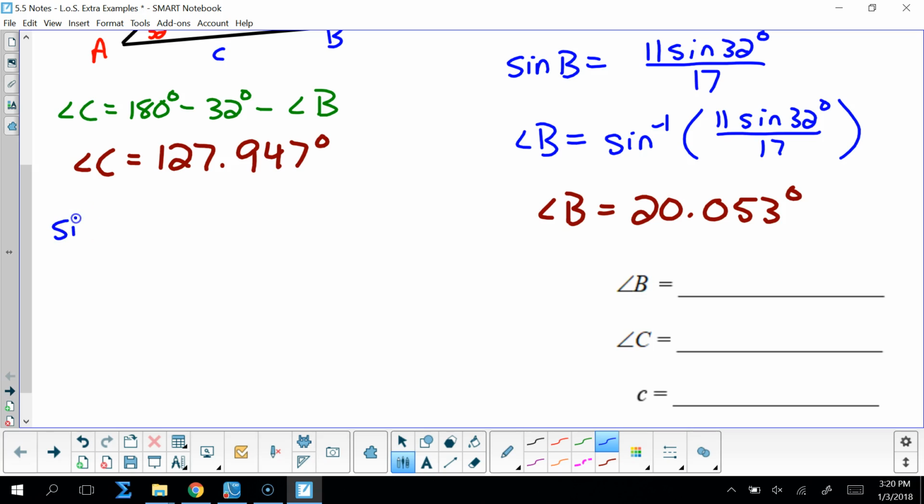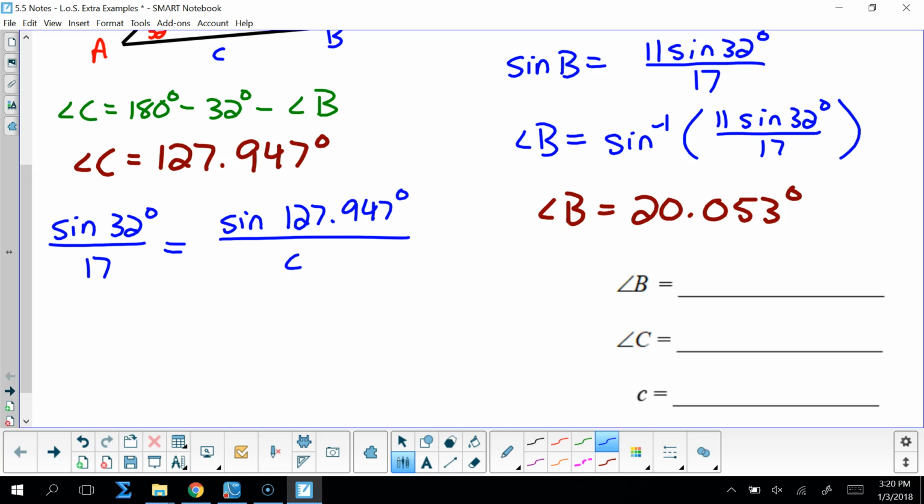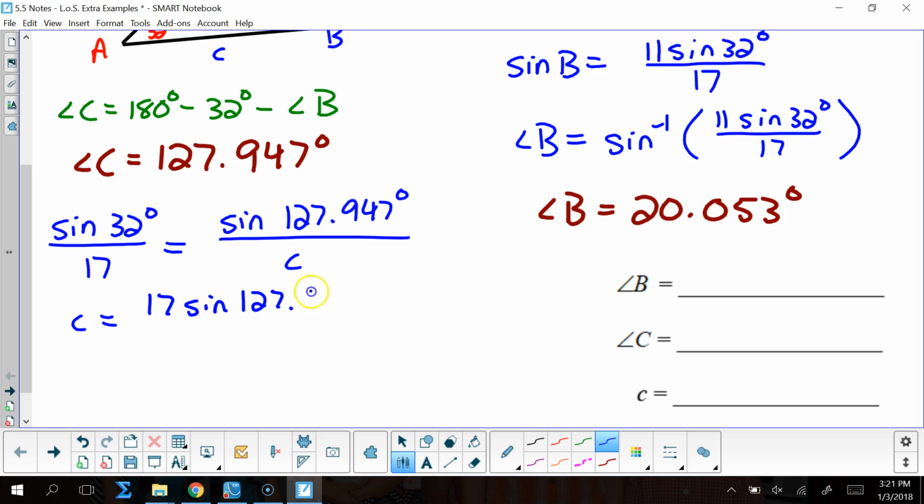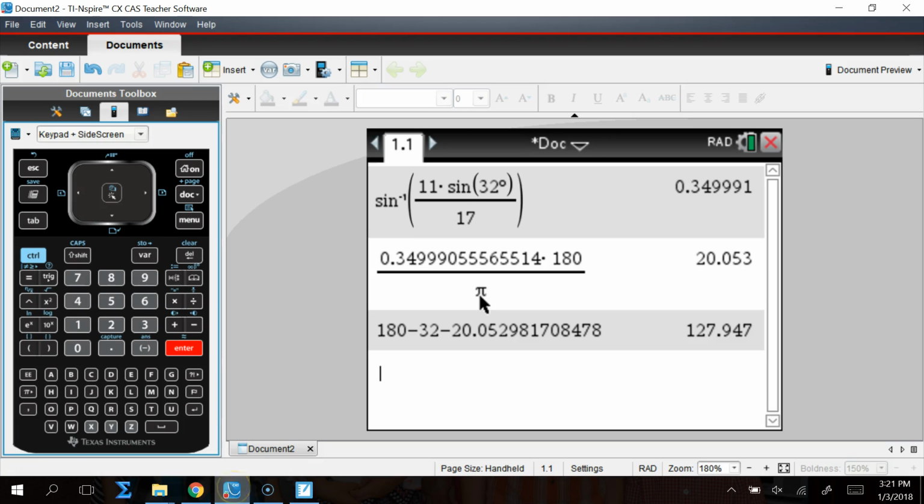So now I can say the sine of 32 degrees over 17, from my original angle A and side A, equals the sine of this 127.947 degrees over side C. So side C is going to be 17 times the sine of 127.947 degrees divided by the sine of 32 degrees.